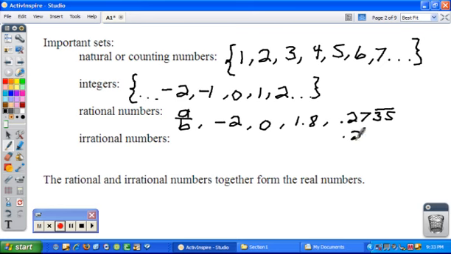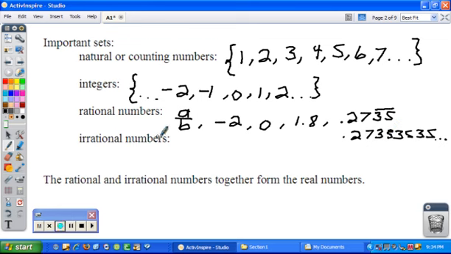You might also write it like this: 0.27353535 dot, dot, dot. This is also a rational number. Anytime you have a sequence of numbers in your decimal repeating, that's also a rational number, okay?